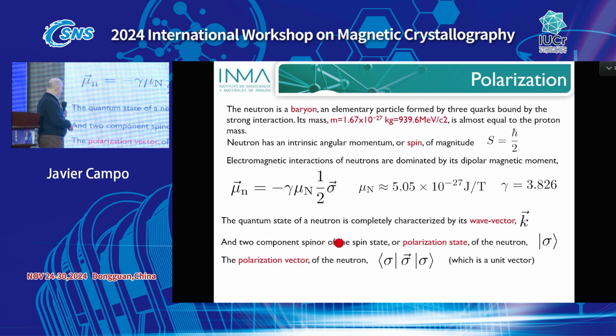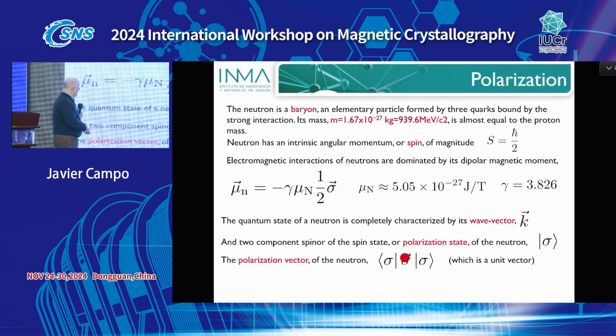And yesterday we didn't take care of this, but we can characterize the spin of the neutron by one spinor, and that will be related with the polarization state of the neutron. Okay? Then the polarization vector of the neutron will be this value, where sigma is the Pauli matrix, a vector of 3 matrices.